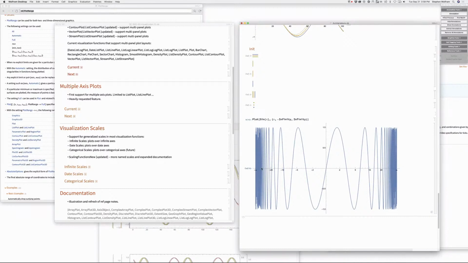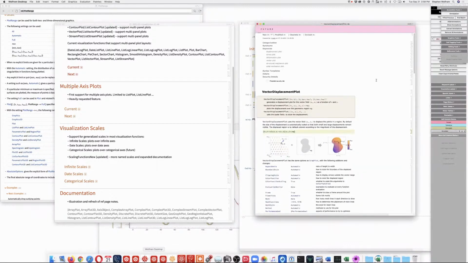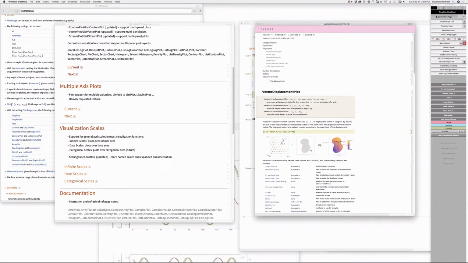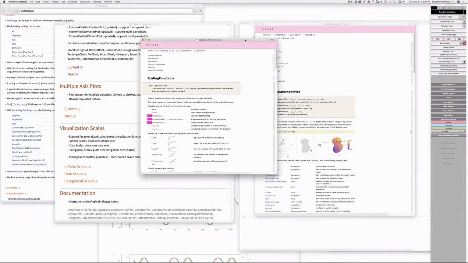Something like that? Go to scaling functions new reference page. I don't think it has the actual formula yet, but Oh, I hope it does. Scaling functions new. It should have a picture a little bit further down.